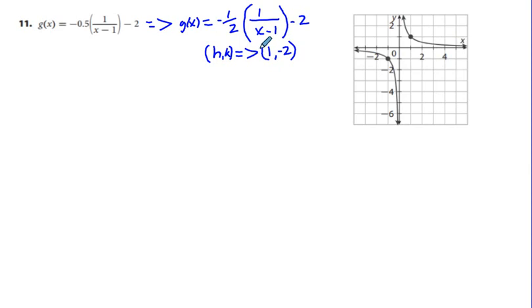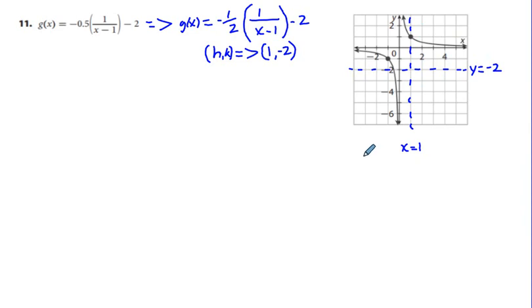So again, as I've done before, problem 9, we'll say our horizontal asymptote is going to be the function y equals negative 2, and our vertical asymptote is going to be the equation, notice I didn't say function, x equals 1.